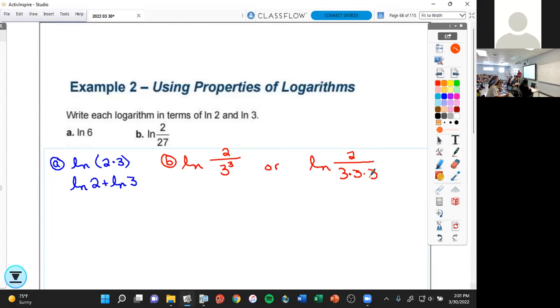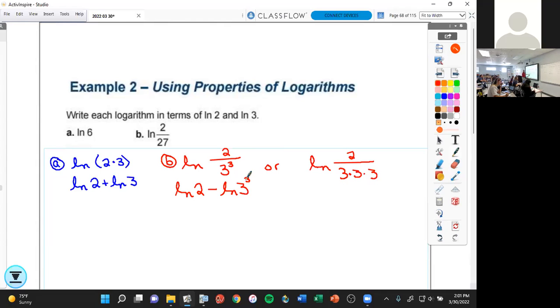Natural log of 2 divided by 3 cubed. How could I rewrite that? Natural log of 2 over 3 to the third power. Okay, now we had a property that said something about those exponents. What can I do with that exponent of 3? Move it to the front.